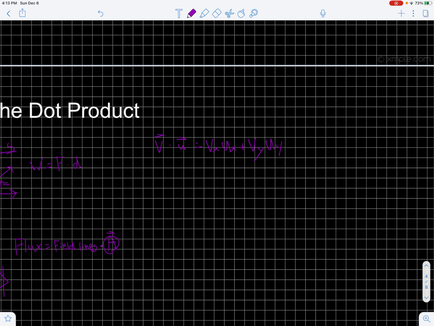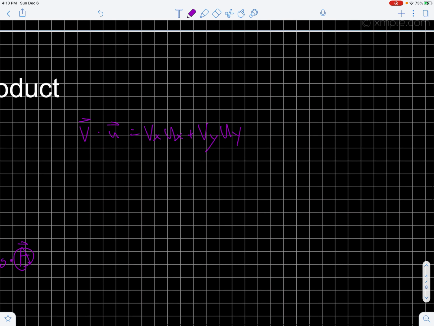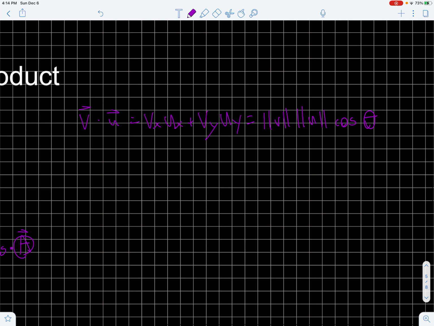And that's also equal to the norm of v times the norm of u times the cosine of theta, where theta is the angle between the vectors.